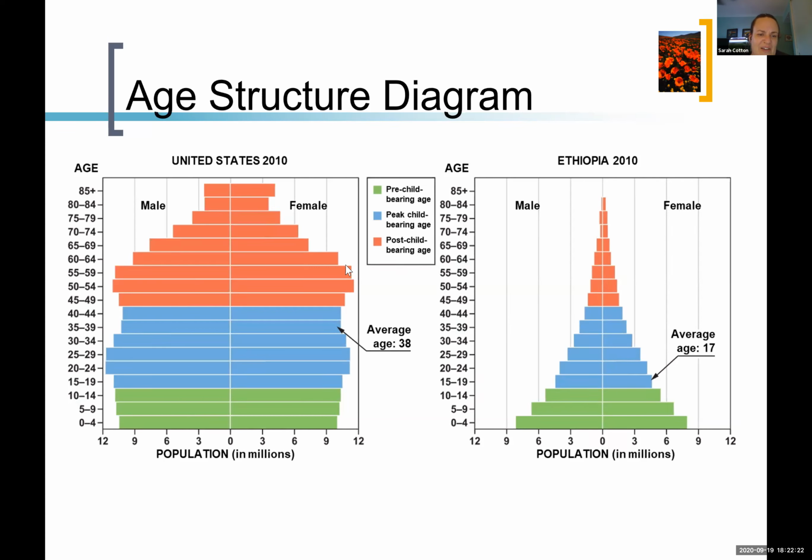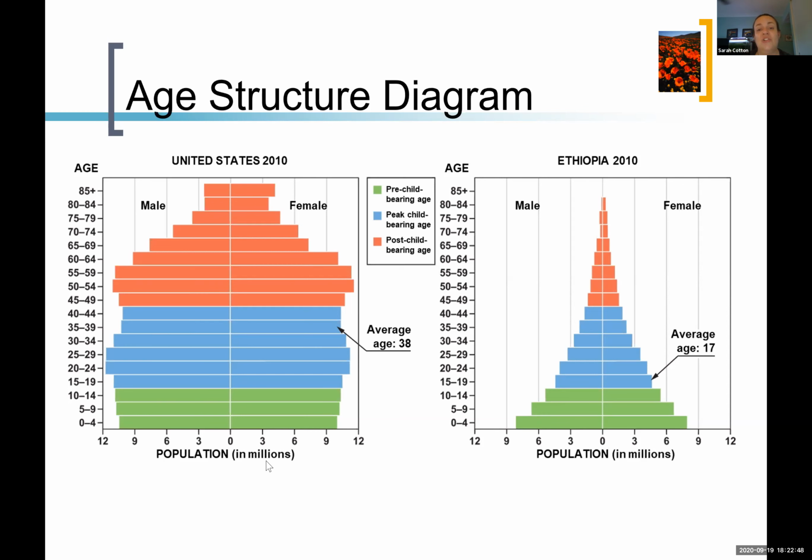The US is like a fat, curvy column kind of shape. It gets narrow at the top. Whereas Ethiopia is like a pyramid, right? It's real wide at the bottom and real skinny at the top, okay? So one other thing I'll point out that's kind of interesting is on each of these, they've calculated and they're showing you the average age.